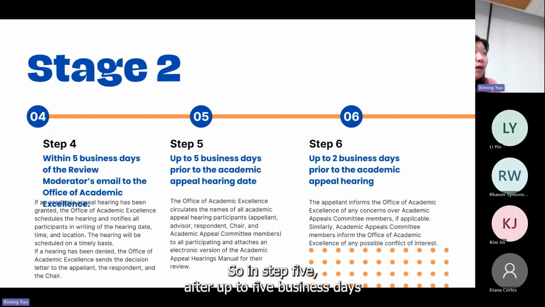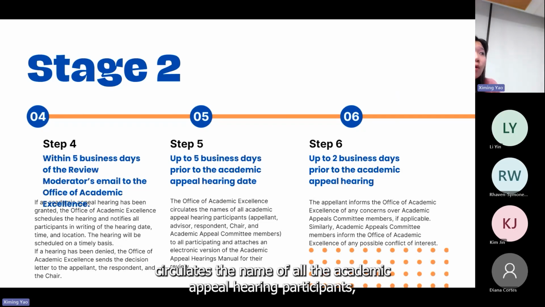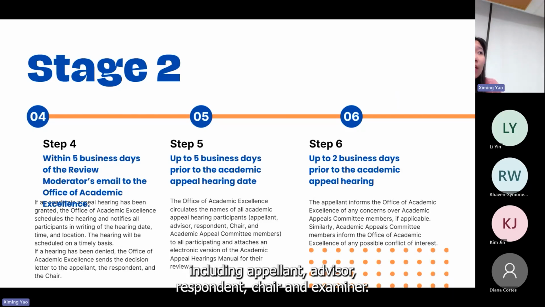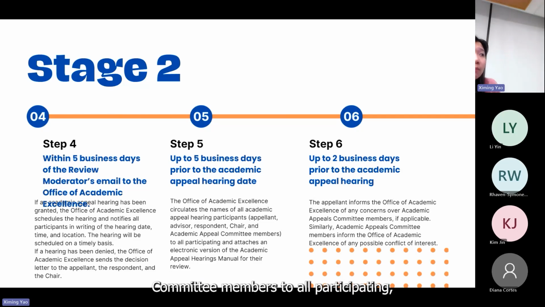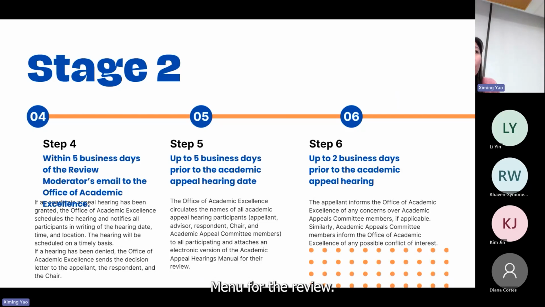In step 5, up to 5 business days prior to the academic appeal hearing date, the Office of Academic Excellence circulates the names of all the academic appeal hearing participants, including the appellant, advisor, respondent, chair, and academic appeal committee members, to all participants, and attaches an electronic version of the academic appeal hearing manual for their review.